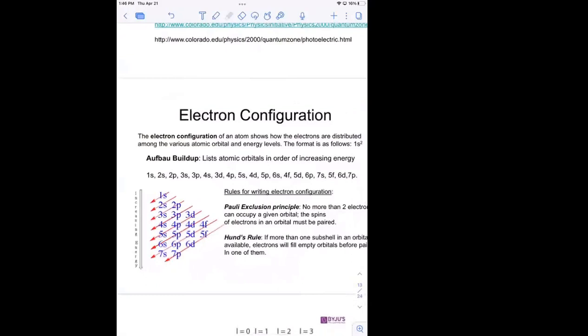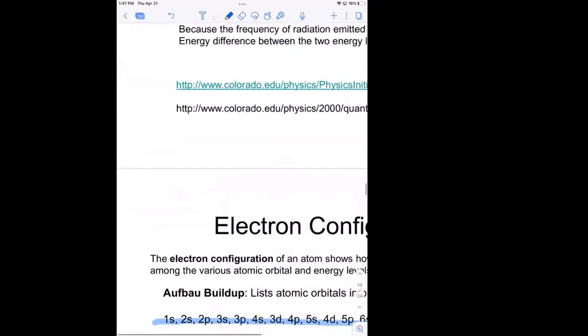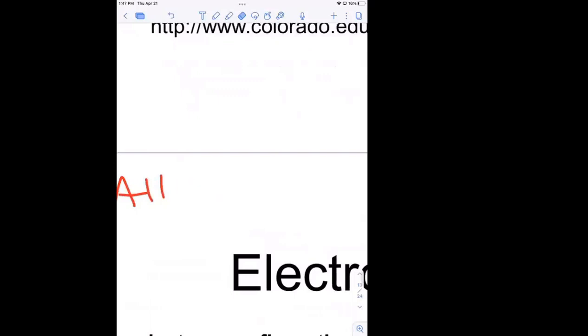And this is what we call the Aufbau buildup that talks about the location of electrons, because every electron is in an orbital somewhere around the nucleus of the atom, right? So all electrons, because we've talked about this when we talked about atomic number and ions and things like that.